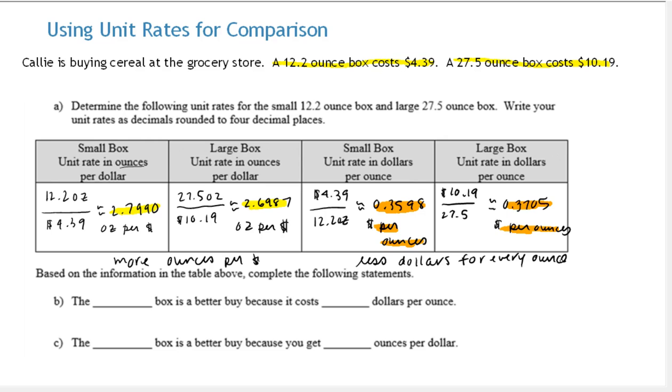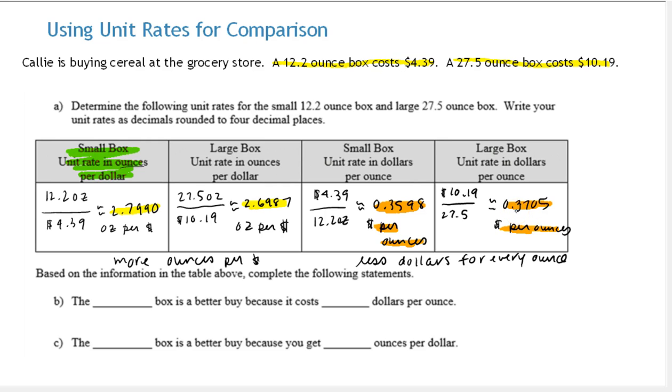Okay. So in either of these interpretations, we see the small box gives us more ounces per dollar because this value is bigger than this value. And the small box also has less dollars for every ounce, since 36 cents is less than 37 cents.